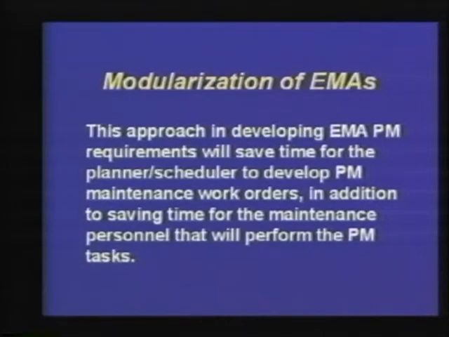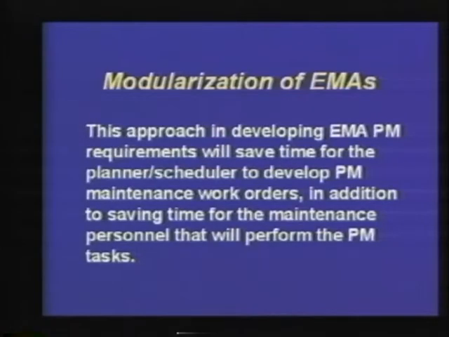Now, item 8 indicates the modularization of either a building, grounds, or pieces of equipment. Modularization is to take a very large piece of equipment and break it down into smaller segments, and those segments I called modules.